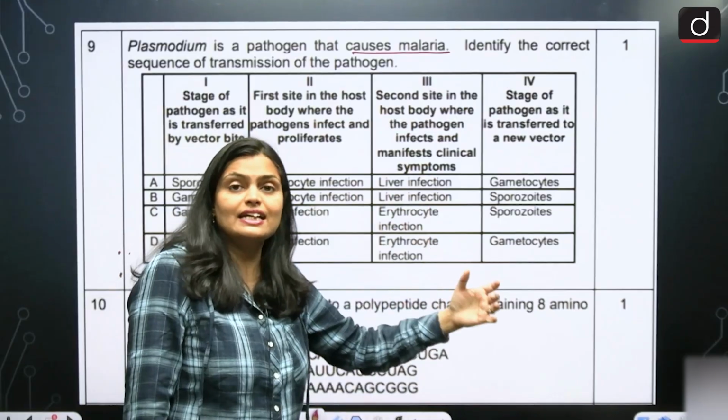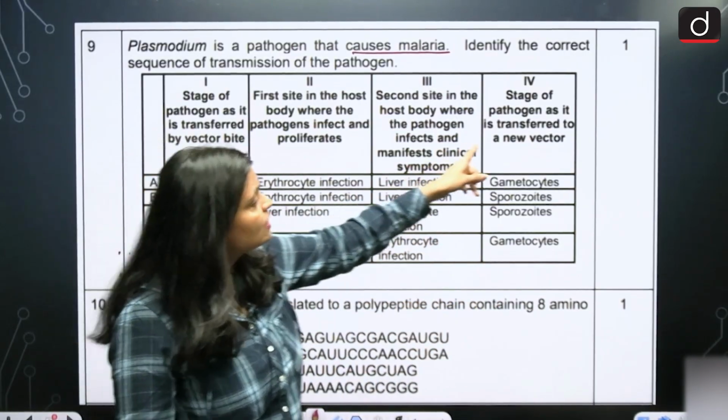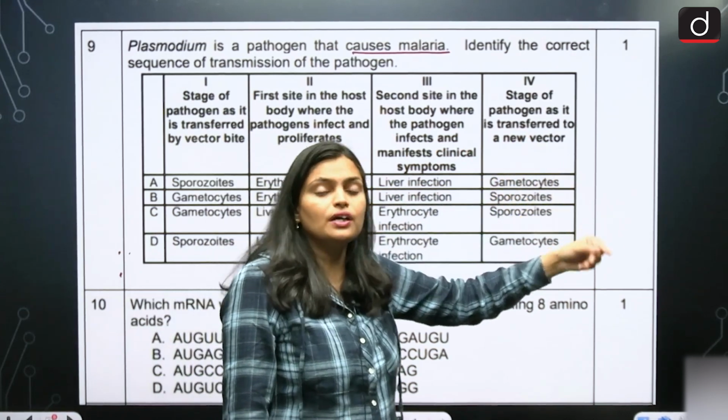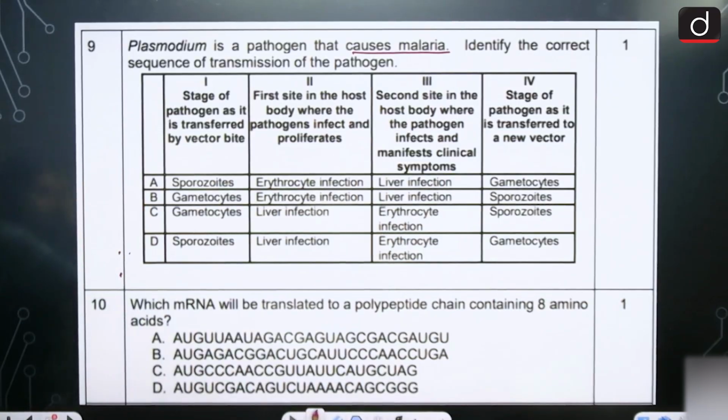So in the second site they show the symptoms of malaria, and the fourth stage is the pathogen as it is transferred to a new vector. So you have to select the correct statement sequence. Understood the question?